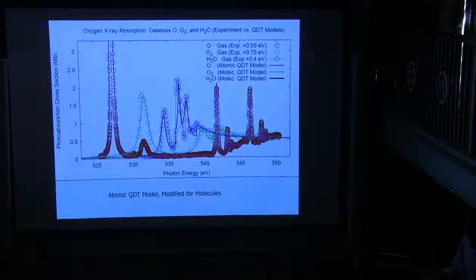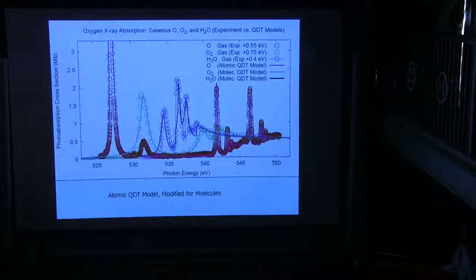What you can see is that the experimental oxygen can be fit quite well, as we saw already, with the QDT parameterization, which also fit the R-matrix calculations, by the way. The parameterization goes right through the atomic experiment. That same parameterization can be used for O2.